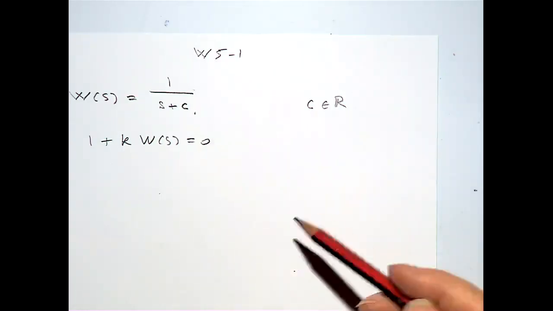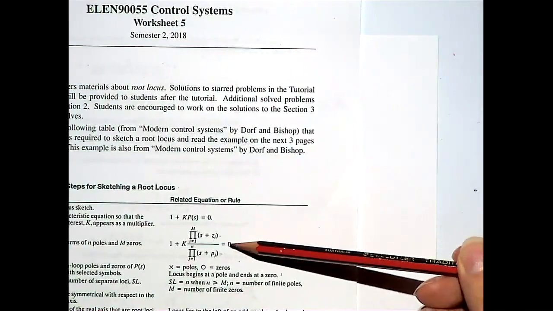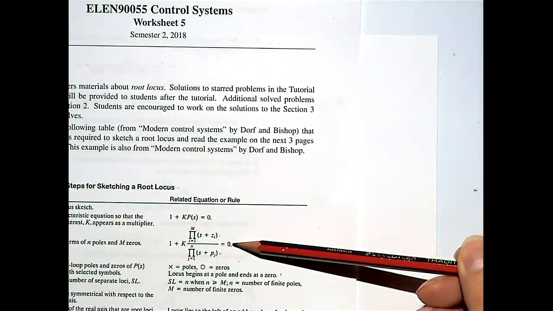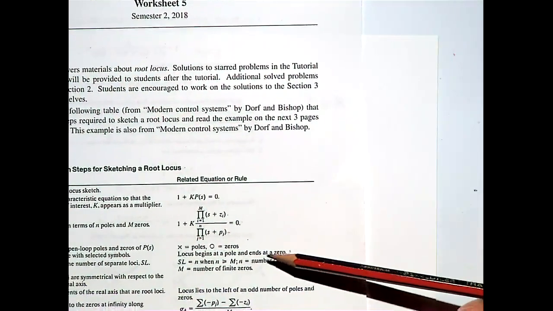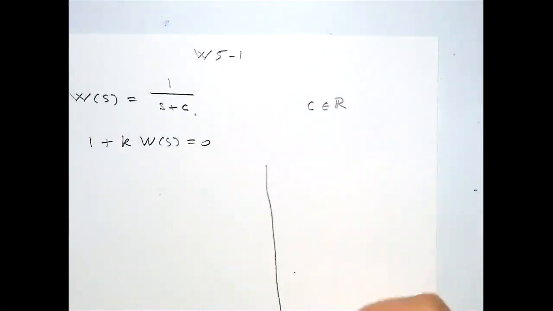So if c is negative, minus c is positive. In any case, if we follow the rules for plotting, first we rewrote everything in this form, right? Now we want to denote where poles and zeros are. I'll start plotting the root locus.